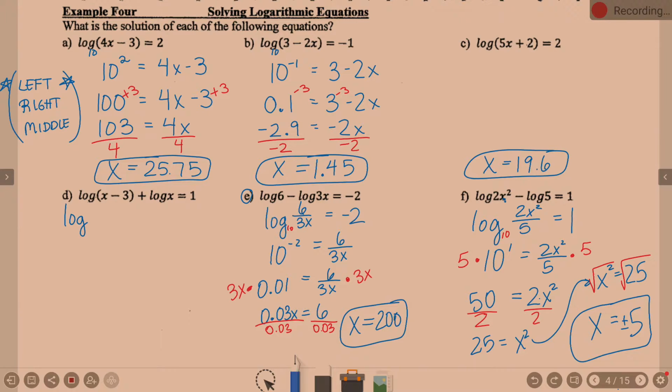Can I go ahead and put the x first, or is that going to mess you guys up? It always looks weird no matter how I do it. It's x minus 3 times x, or x times x minus 3. Either way. If you prefer the x out front, then do that.